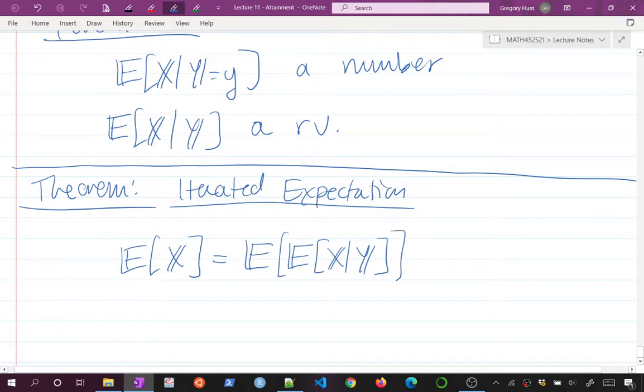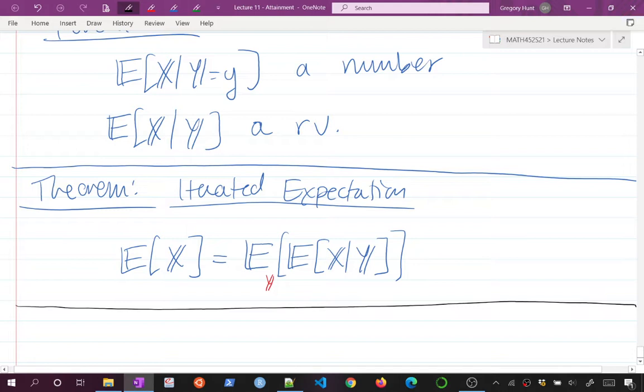In the inner I look at the expected value of X given Y, and this outer expectation is with respect to Y. So iterated expectation says if I know something about the conditional of X given Y and something about Y, I can calculate the marginal expectation of X.